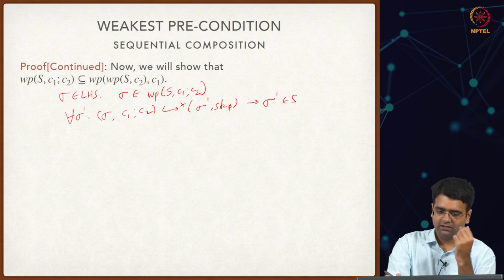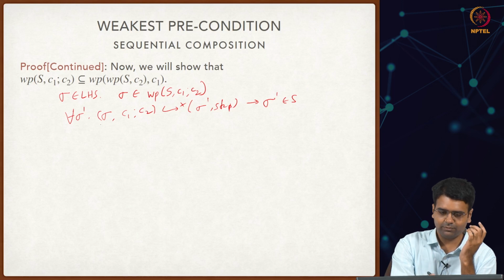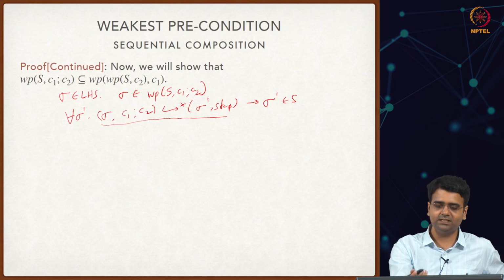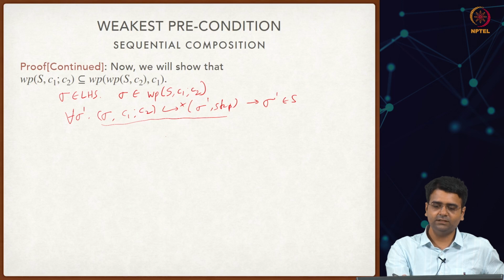Now again, let us expand on this particular definition. If on executing C1 semicolon C2 you can reach sigma prime, then you would have first executed C1 on sigma, and then executed C2. That's the only way that you can finish the execution of C1 semicolon C2. So let us consider this scenario.